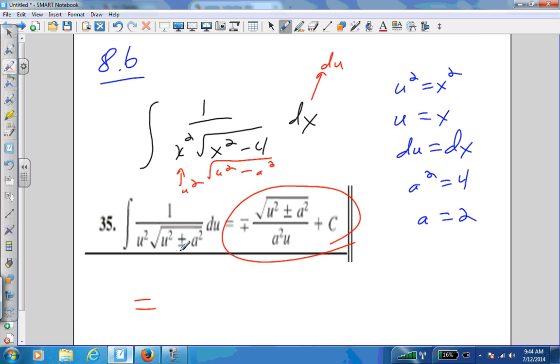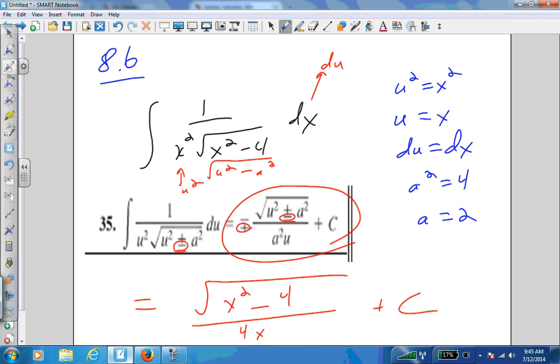Since ours is minus, that's the bottom sign here, so we use the bottom one here and here. So ours is positive the square root of u squared minus a squared over a squared times u plus c. So that's our integral.